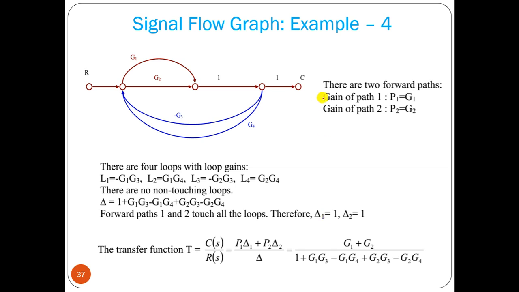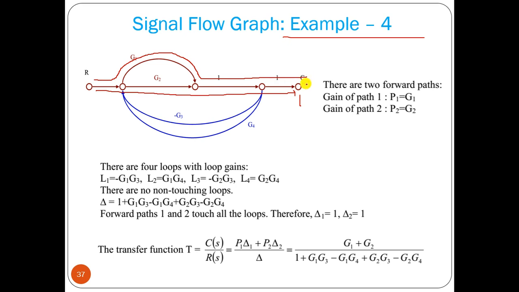Now let us solve another problem. Here we have to find out how many forward paths are there. You can see this is one forward path. And this arrow is going here, so these two are feedback, and this is going here, so this is another forward path.